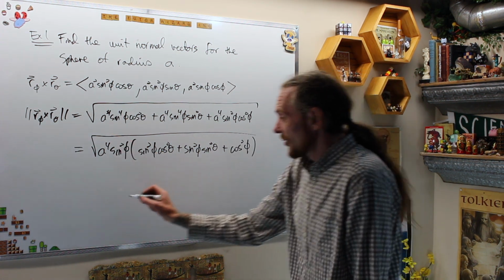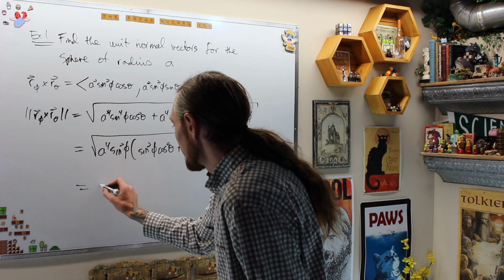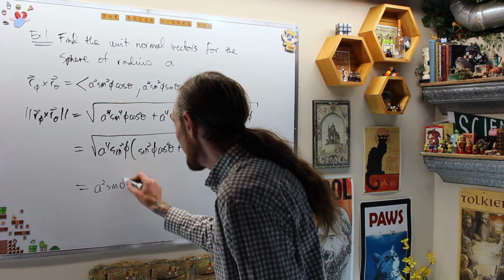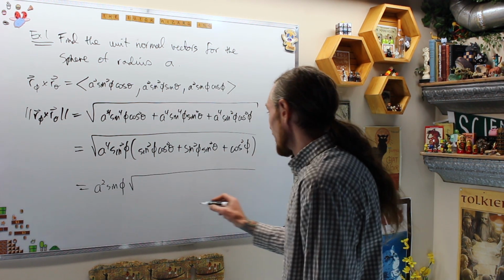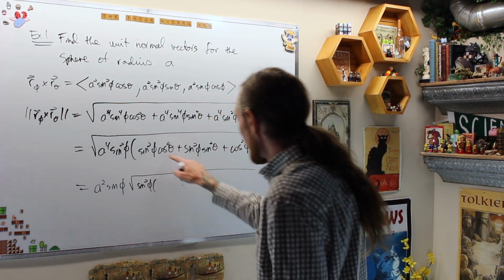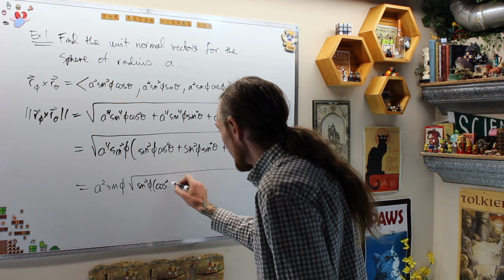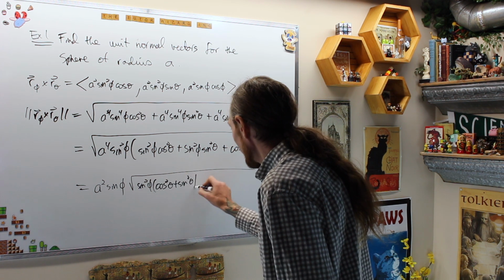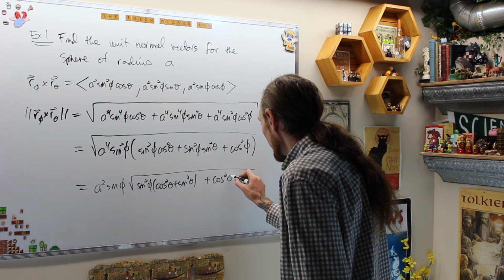Taking this out of the square root, I get a squared sine phi, and then inside the square root I have sine squared phi, and I'm going to factor that out, so I have cos squared theta plus sine squared theta plus cos squared phi.